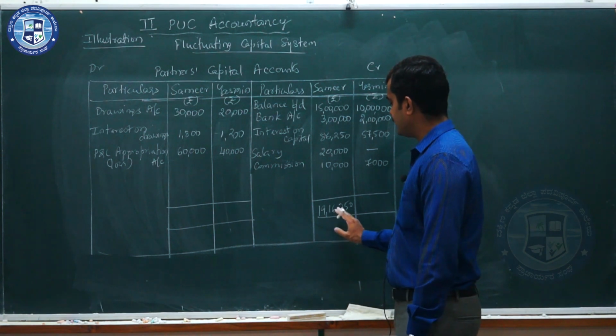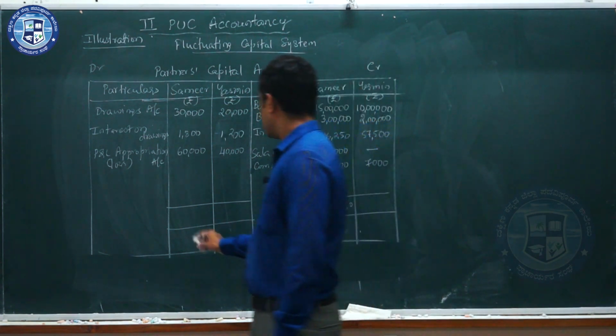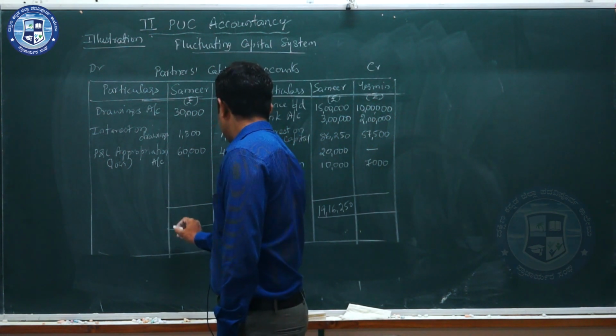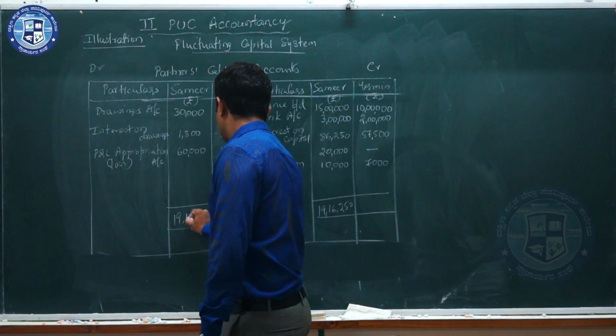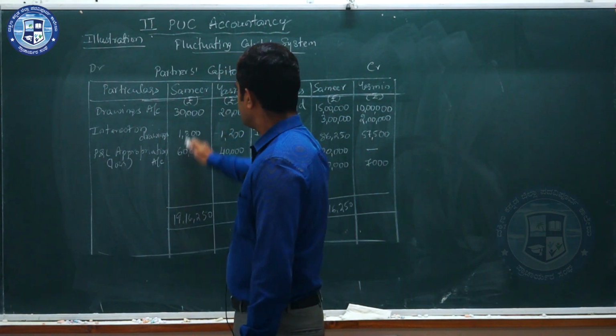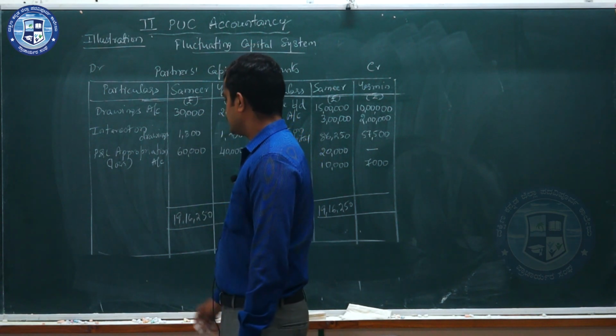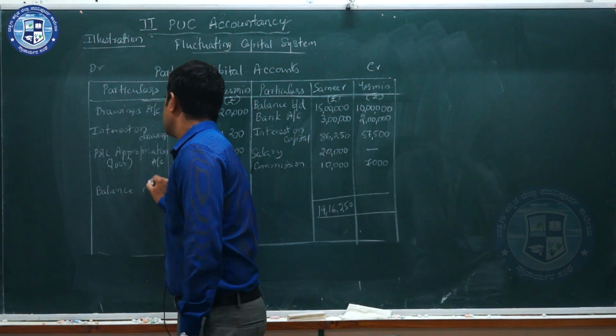We get 19,16,250. Write that on the debit side, because on the debit side we have less amount than the credit side total. So if you deduct debit side items from that total, we get a closing balance.